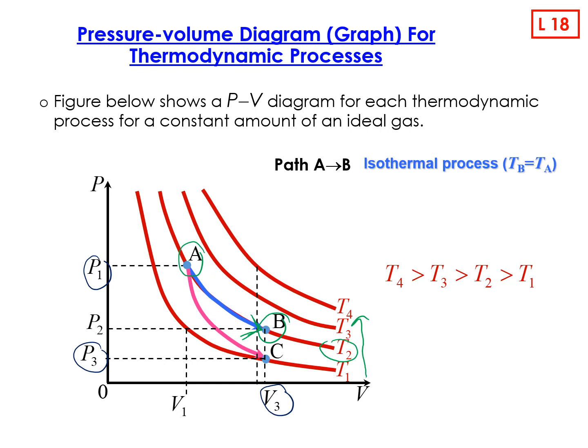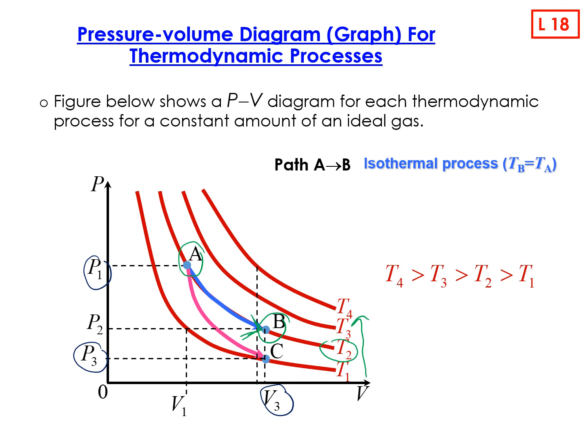The temperature at A is T2 and the temperature at C is T1, so the temperature is also changing. Volume at A is V1 and volume at C is V3, so the volume is also changing, right? So all the physical quantities are changing.